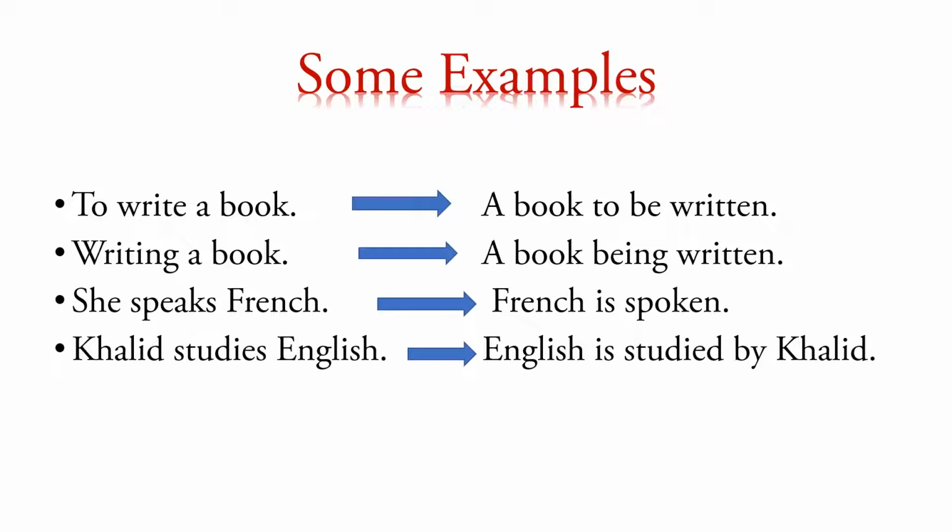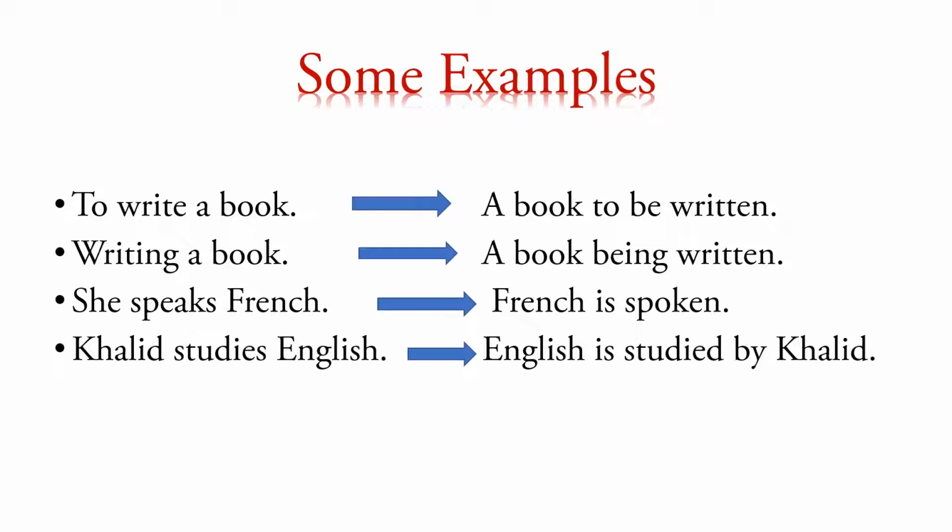The second sentence, writing a book. We have a gerund. We have a verb plus ing. We don't have a continuous form. No, we have just verb plus ing. We just need verb to be plus ing. So look at the sentence.